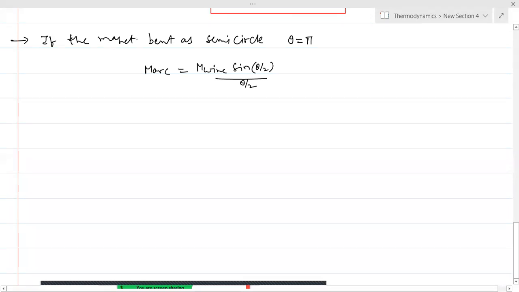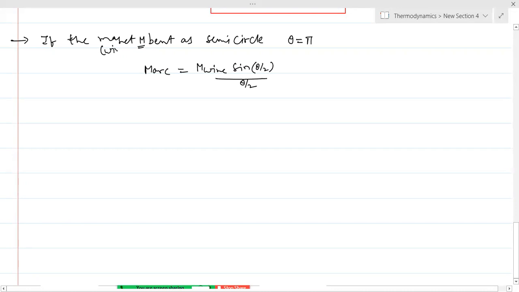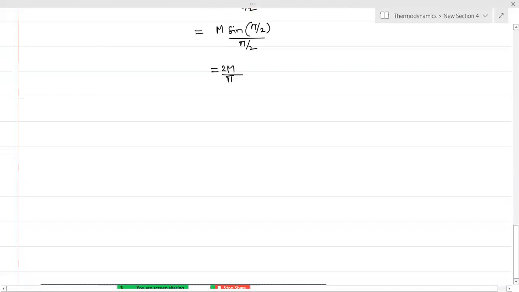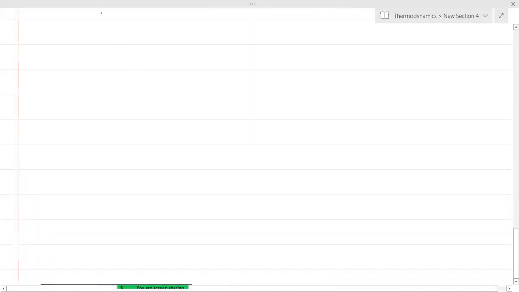If the magnet has magnetic moment, let us say M, this we usually treat as M wide. M wide equivalent to M, into sin of theta, which is phi, so the angle is 180 by 2, by pi by 2. So that is equivalent to M into sin 90 by pi by 2. So finally we get 2M by pi. So M arc is equivalent to 2M by pi.